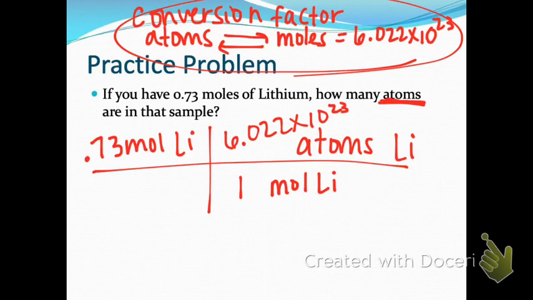Should it be less than Avogadro's number or more than Avogadro's number? Less than. We started with less than 1 mole. So here we go. 0.73 times 6.022 times 10 to the 23rd. I got 4.4 times 10 to the 23rd atoms.